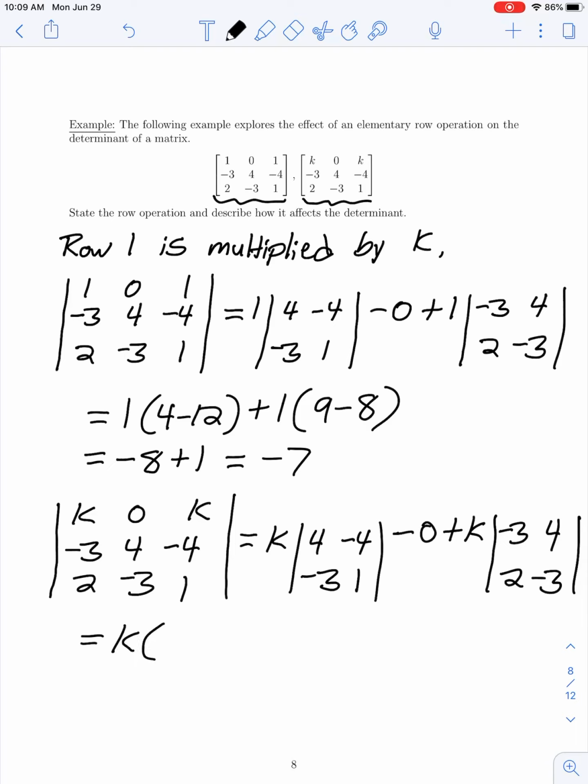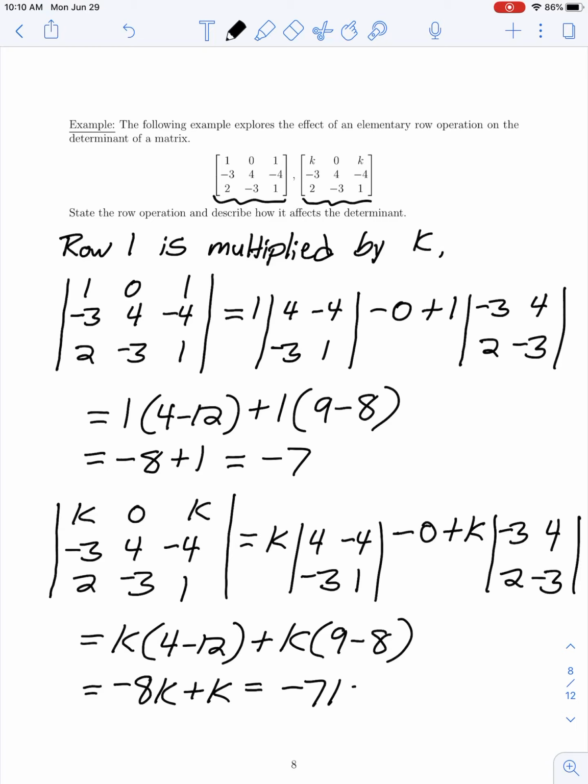That gives us k times 4 minus 12, minus 0, plus k times 9 minus 8. So we're left with negative 8 times k plus 1k, which is negative 7 times k. So again, we see that by multiplying the first row of a matrix by a constant k, our determinant is k times the determinant of the original matrix.